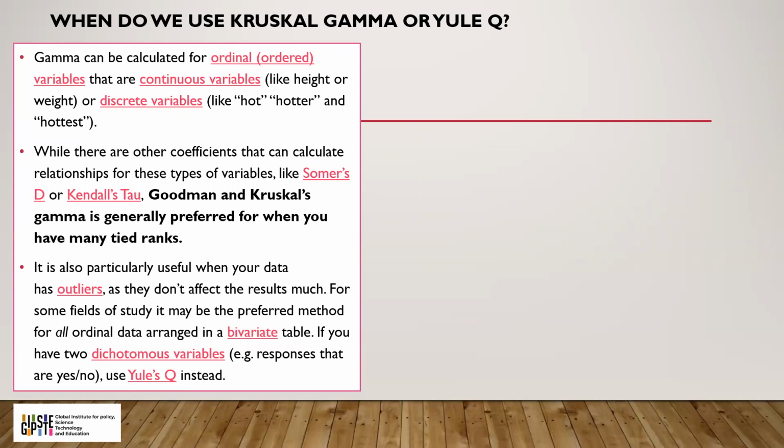If you have 2 dichotomous variables, for example, responses that are yes or no, use Yule's Q instead. Okay, so if in your data set you have 2 dichotomous variables added to ordered variables, instead of using the Kruskal gamma, it's a good idea to use Yule's Q. Even though Yule's Q is for ordered variables, it also helps to minimize error whenever you are dealing with ordered variables that also take into account some element of a binary variable.